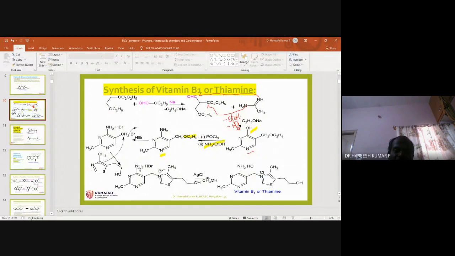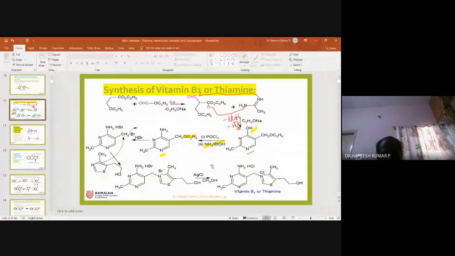Of course here also I can write NH3 plus Br minus. One can write this way also; both ways of writing are correct. So here the bromide salt is replaced with the chloride salt when it is treated with silver halide. So this is about the synthesis.